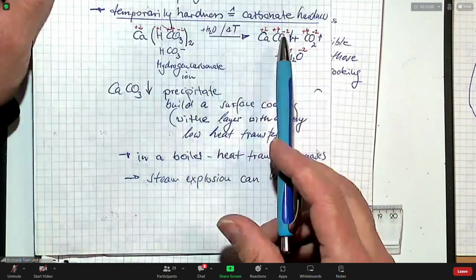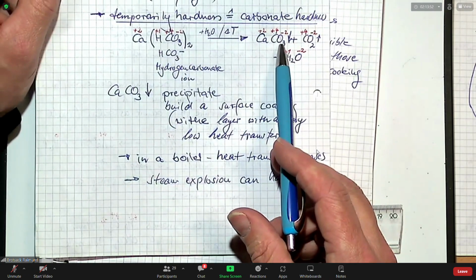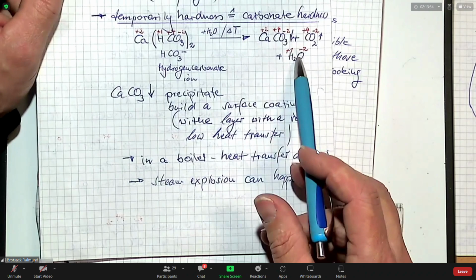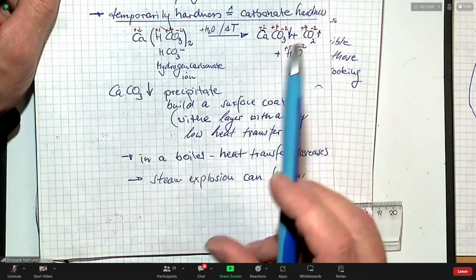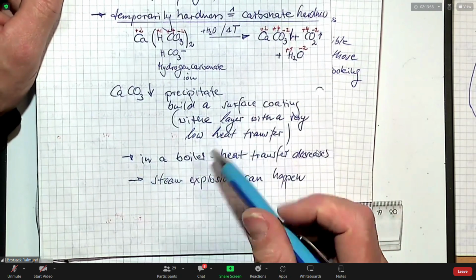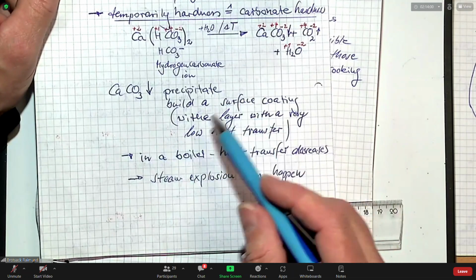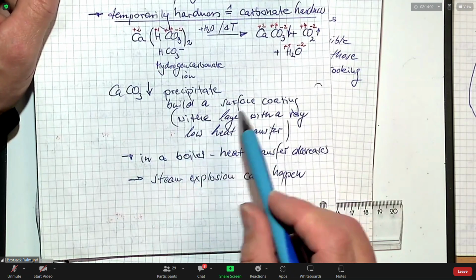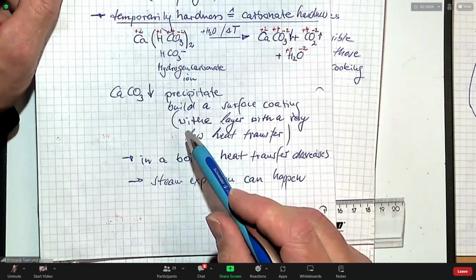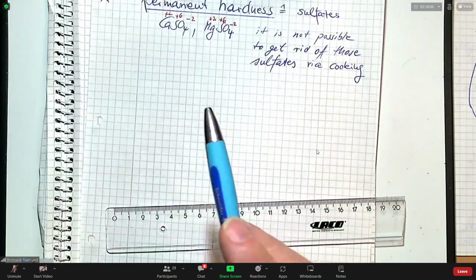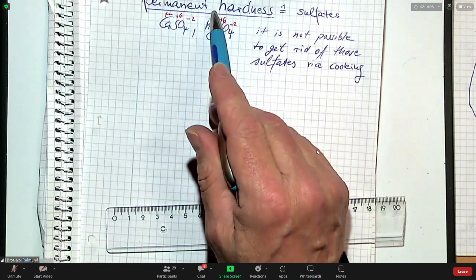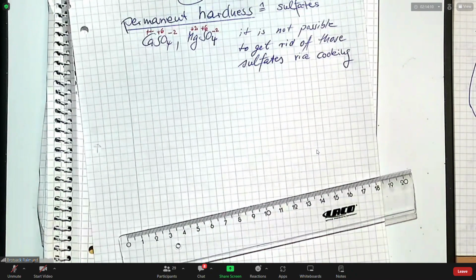Temporarily as carbonates, we can get rid of them via cooking, with the problem of this surface coating. We have to get rid of the coating as well from time to time. And we have the permanent hardness built out of the sulfates of these alkaline earth metals.